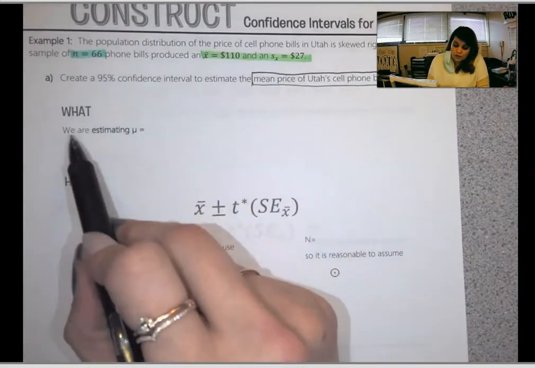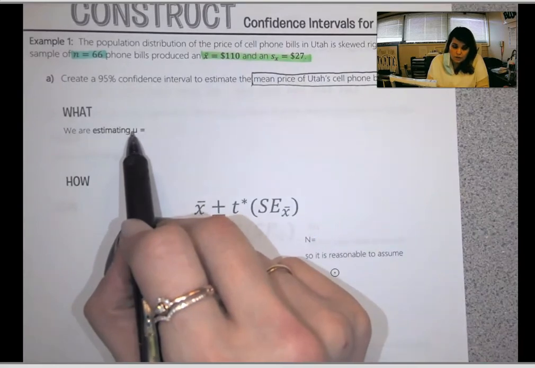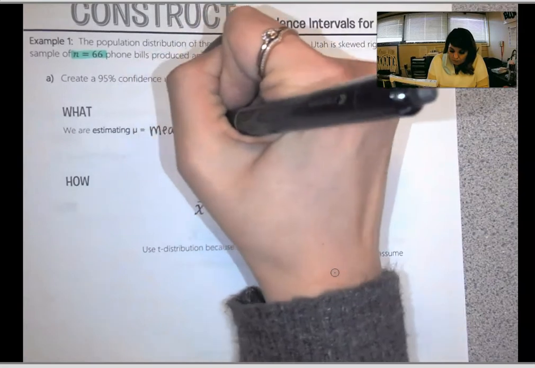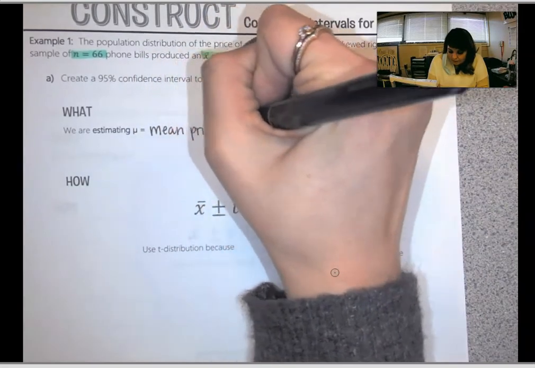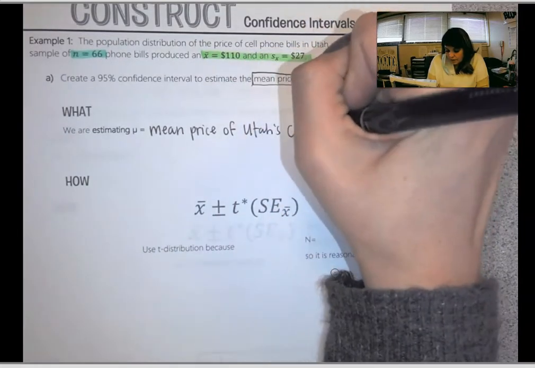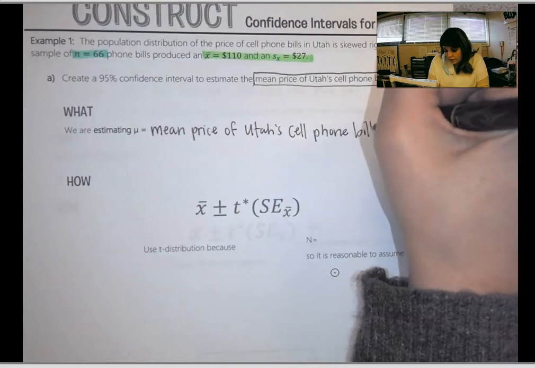So what are we doing? We are estimating the true mu, notice the symbol that we're using there, which is the mean price of Utah's cell phone bills.